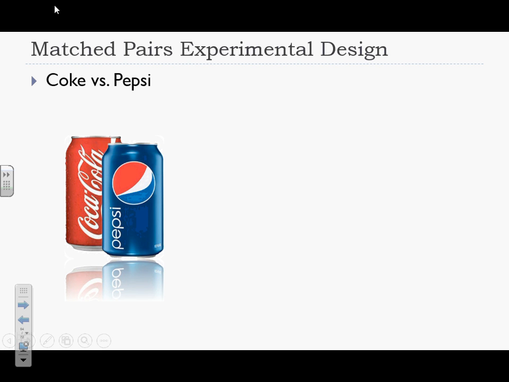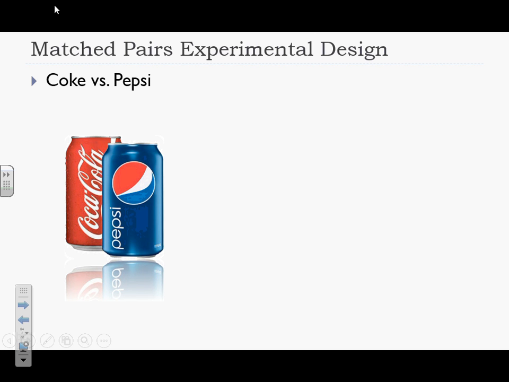Or Coke might do something similar. Okay? So in a match pairs design, you would want the same people tasting both brands, because if you tried to have two different people taste the same product, those two different people might have completely different tastes, right? So you want someone compared to themselves.